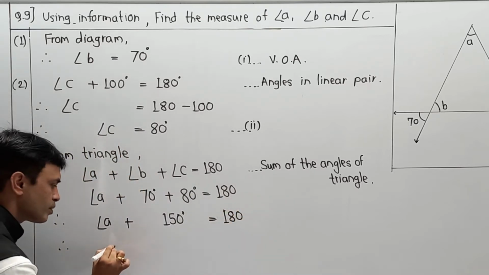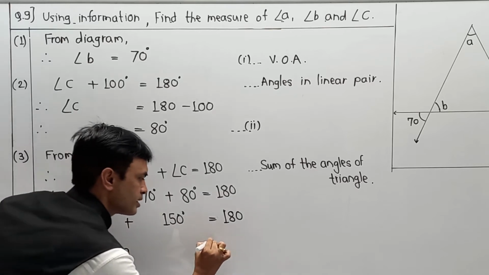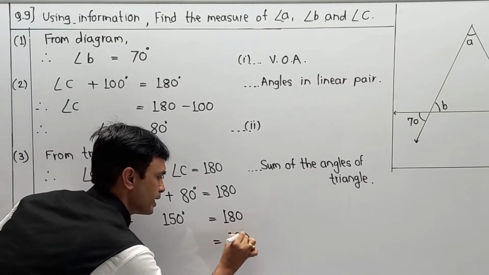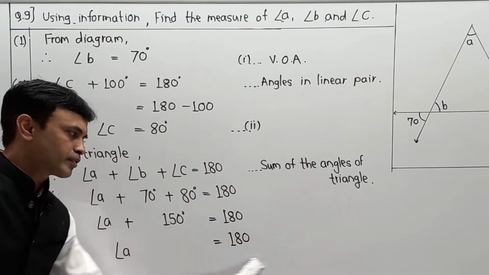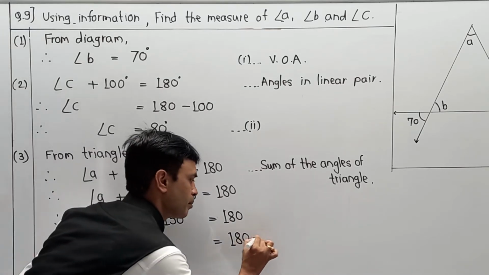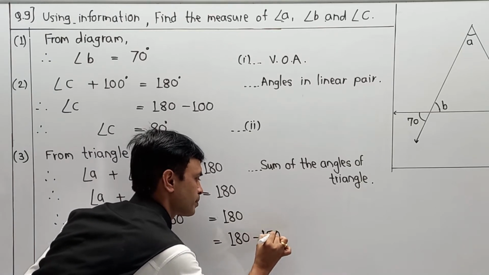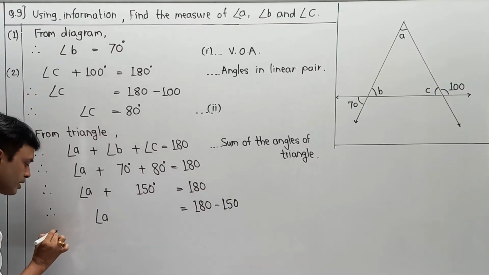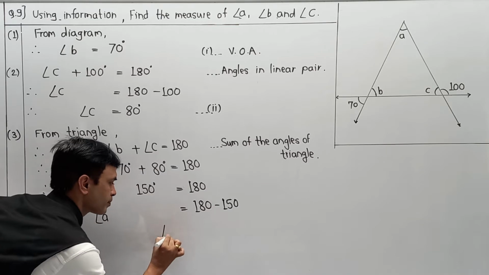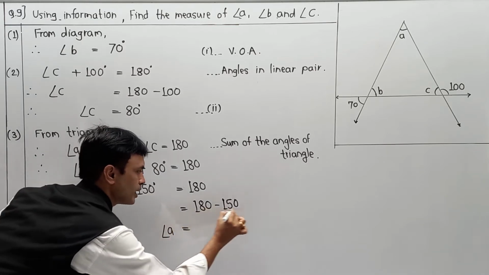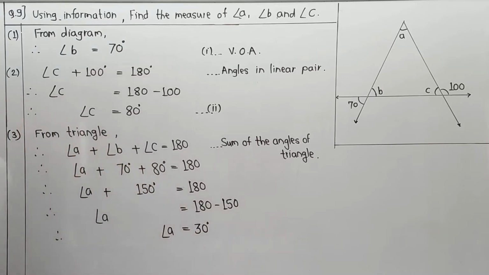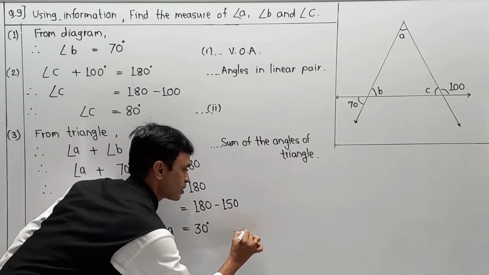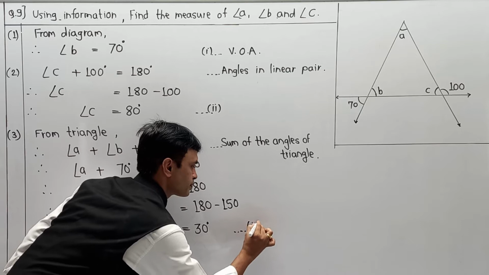So angle A is equal to 180, shifting this plus 150 to that side, it becomes minus 150 degree. And naturally, angle A is equal to 180 minus 150, that is 30 degree. I am going to indicate this as equation number 3.